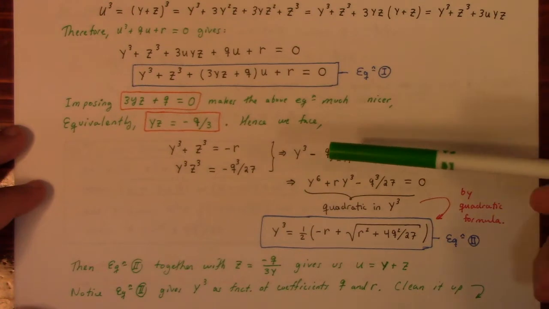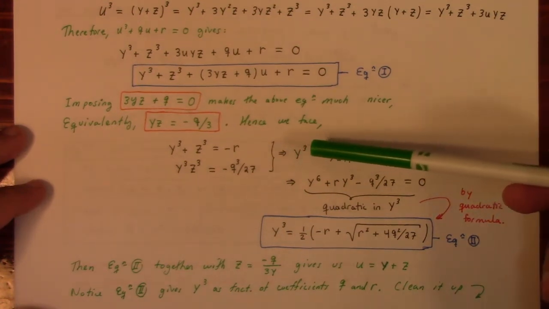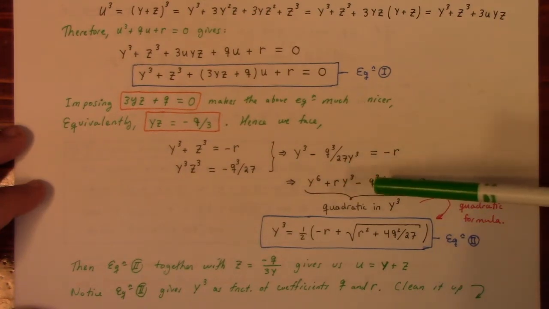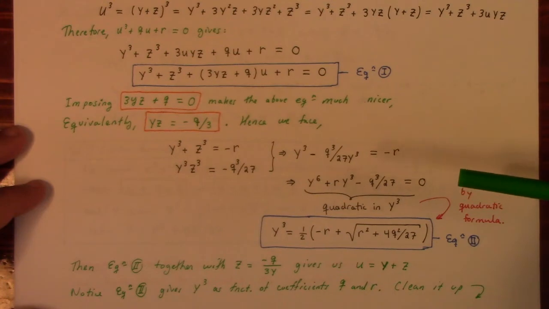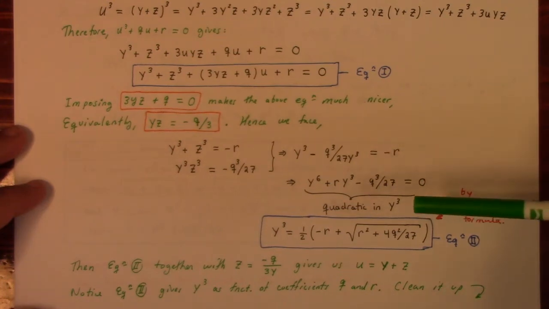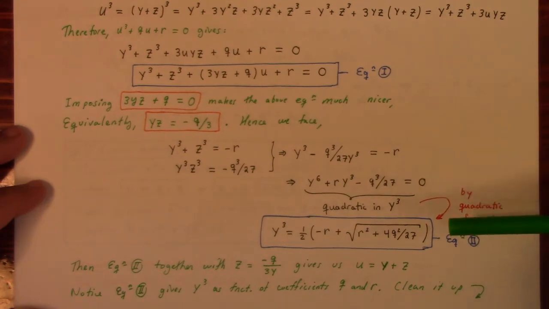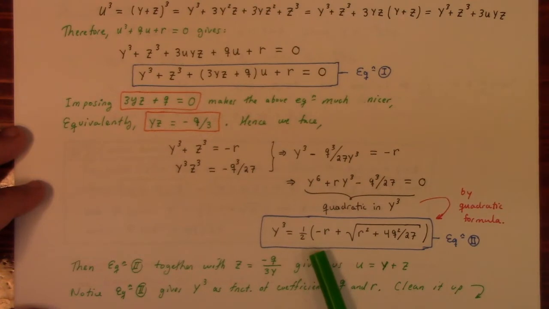Then, if you multiply this by y cubed, it gives you y to the 6 plus r y cubed minus q cubed over 27 equal to 0, which gives us a quadratic in y cubed, which we can solve by the quadratic formula to give us this: one half of minus r plus the square root of r squared plus 4q squared over 27.